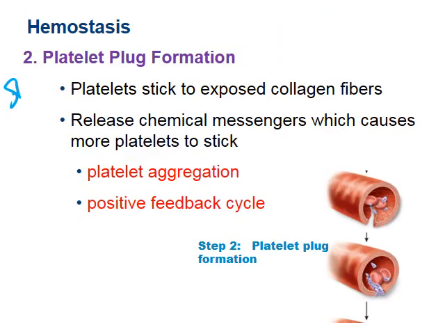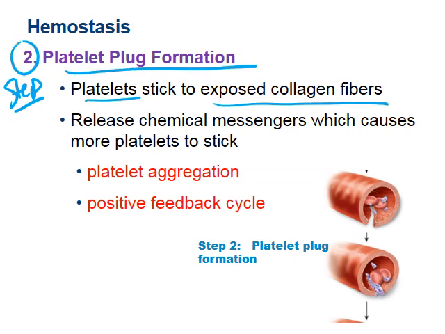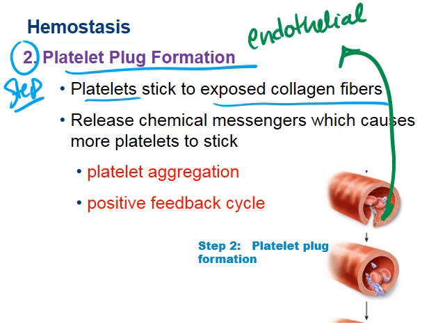So step 2 here is your platelet plug formation. Platelets are going to stick to exposed collagen fibers. Remember this internal lining, I'll try to do them in different colors. The internal lining is endothelial, and I said that's the same thing as epithelial, right? It's simple squamous epithelium.